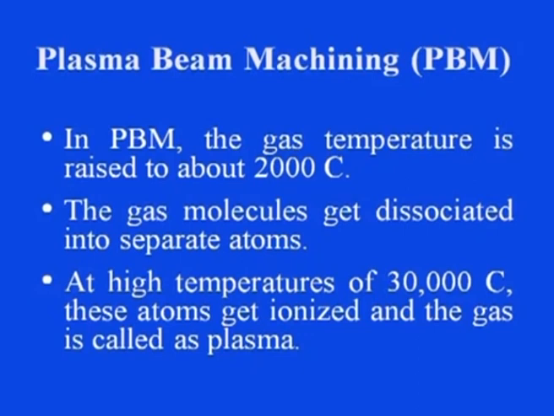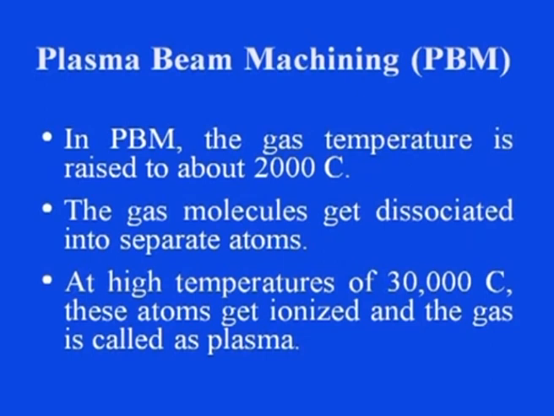Now, let us move on to another precision beam machining technique, that is plasma beam machining. In plasma beam machining, the gas temperature is raised to about 2000 degree Celsius. The gas molecules get dissociated into separate atoms.